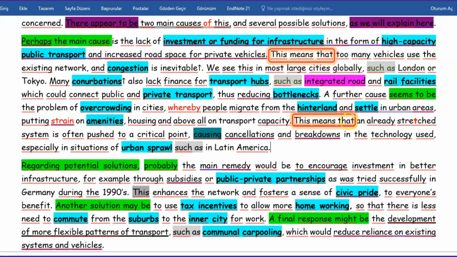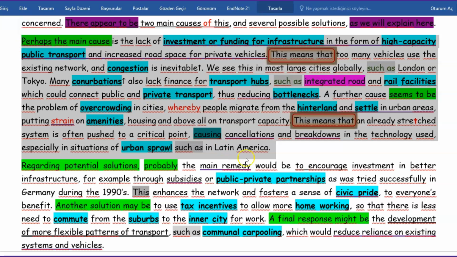Again, by this we mean that an already stretched system is often pushed to a critical point, causing, leading to, contributing to, resulting in cancellations and breakdowns in the technology used, especially in conditions of urban sprawl, such as in Latin America.